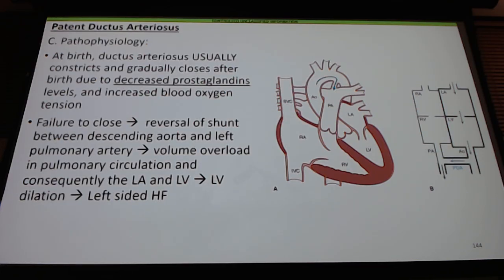And what happens is, instead of the normal in utero, where I'm getting pulmonary artery to aorta, after birth what happens is you have blood going down the aorta, and then it goes through that patent ductus arteriosus and into the pulmonary artery. So now the pulmonary artery is seeing higher pressure, higher volumes than it should normally.